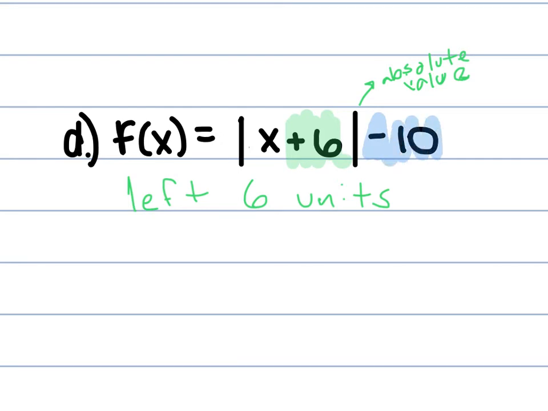And then we have this minus 10 on the outside, so how does that affect our graph? It shifts down 10 units. Perfect, down 10.